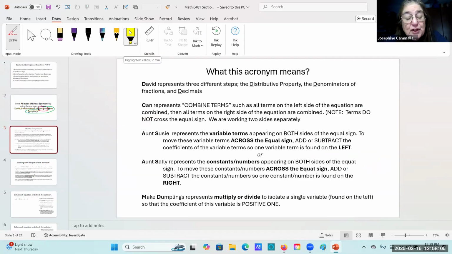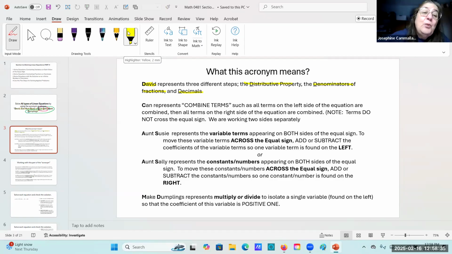Whether you use it or not is up to you, but the first one says David. This represents 3 different steps. It can be the distributive property, the denominators of fractions, it can be decimals, or it can be a combination of those 3.